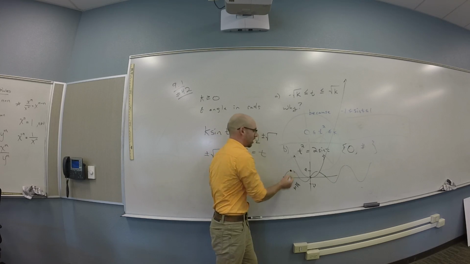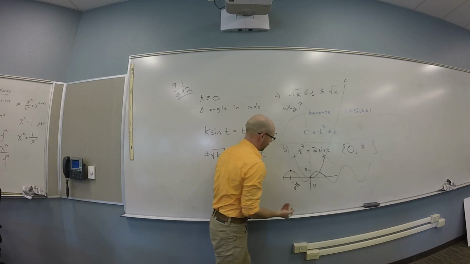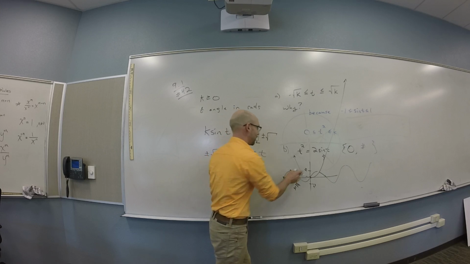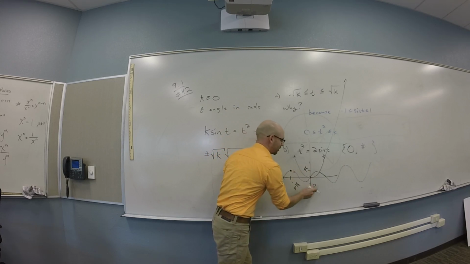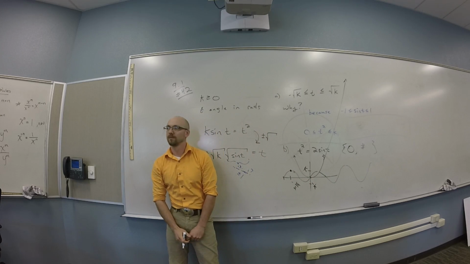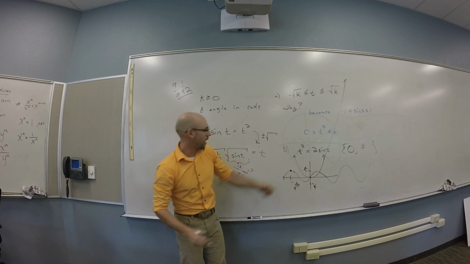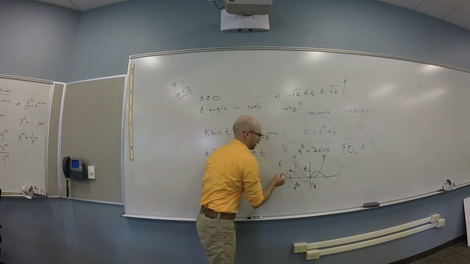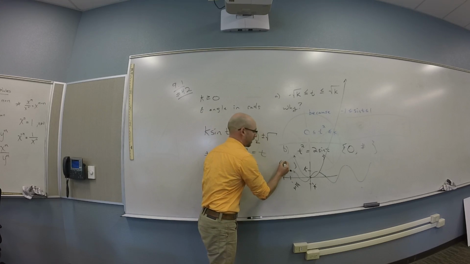So where's this dot on my, oh, I'm still using the graph from B. Let me change that to a k and a minus k. So where's that dot at then? That dot's at minus 3 pi over 2 in the x, right?